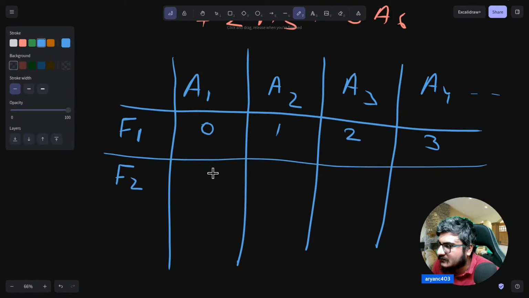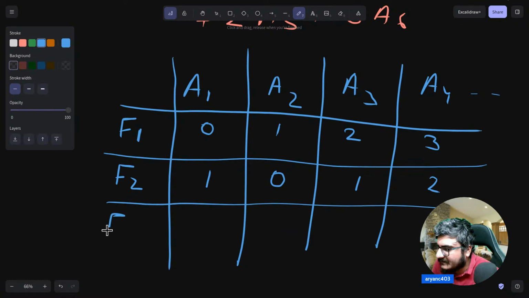In F2, it's 1, 0, 1, 2 and so on. In F3, it becomes 2, 1, 0, 1 and so on.